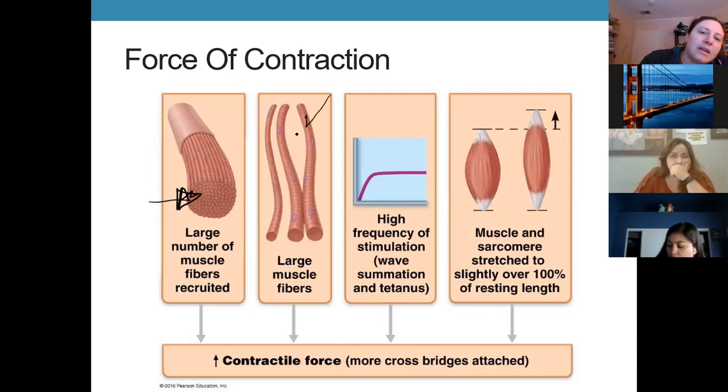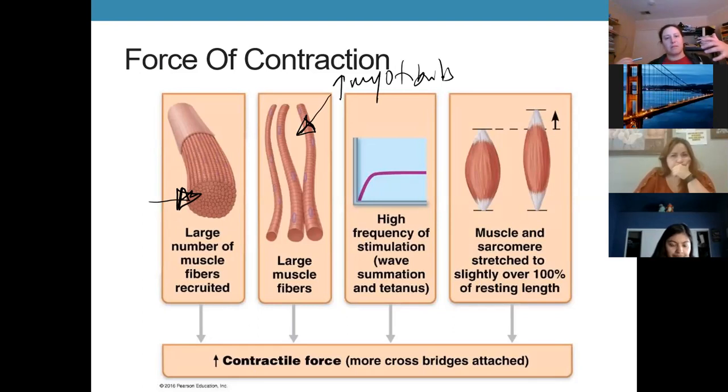We know that an increase in muscle fiber diameter is caused solely by more myofibrils, and that, again, means more cross bridges. So both of these actually increase the number of myosins and actins that can interact with each other.